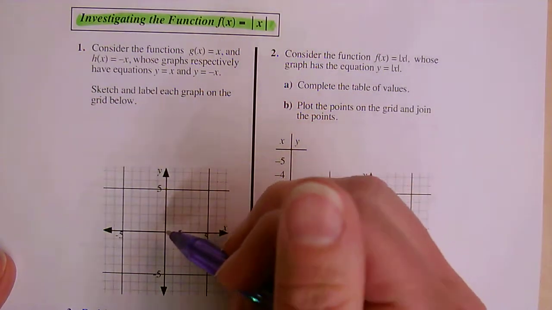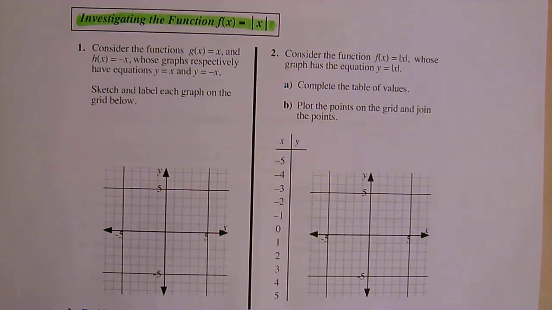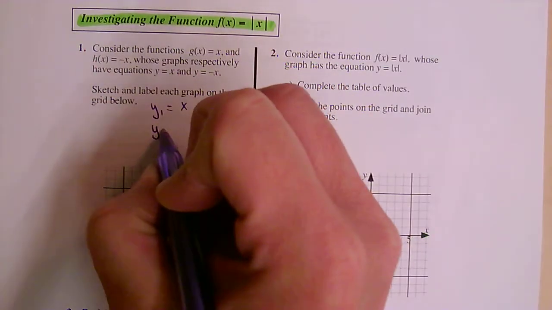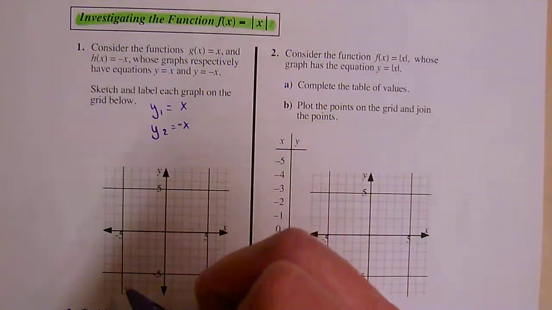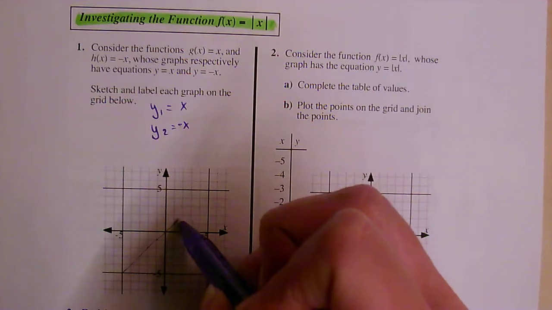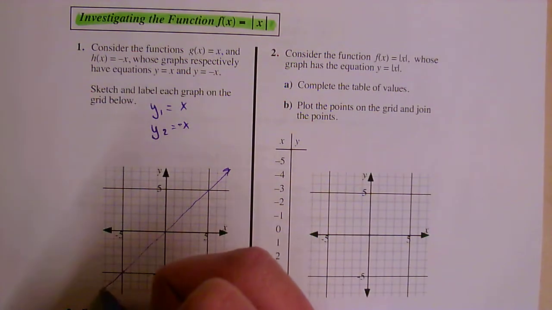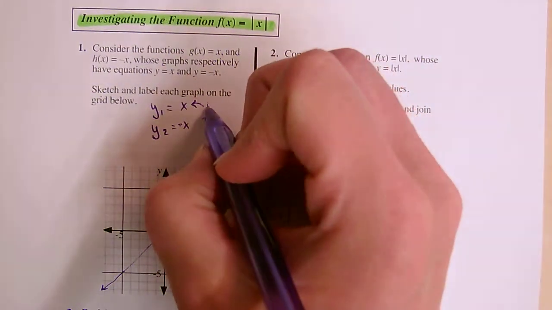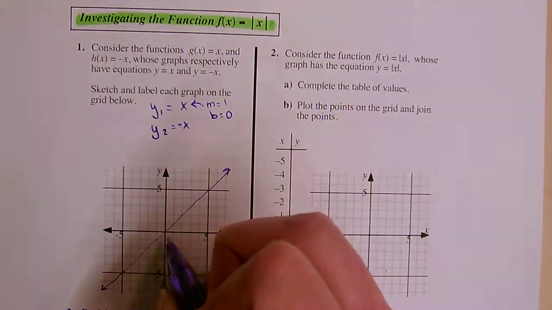If we have the positive x there, so your y1 is equal to x and your y2 is equal to negative x, you're going to get two graphs that I'm going to try to draw carefully because I don't have a ruler. Essentially this has a slope of 1 and a y-intercept of 0.